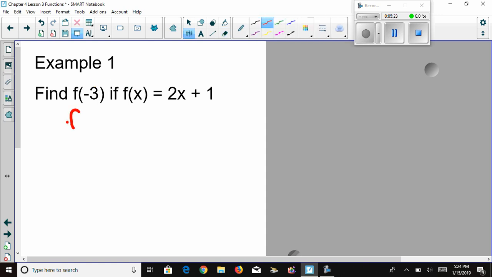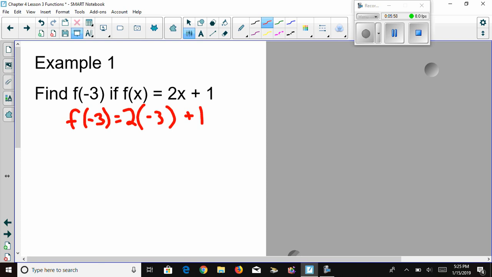F of -3 equals 2 times -3 plus 1. I want you to look at what has been replaced, what I substituted. When finding f of -3, I'm going to substitute that -3 into the function anywhere I see the variable.